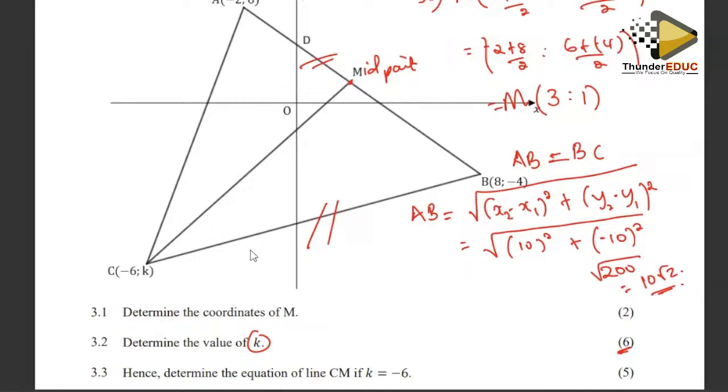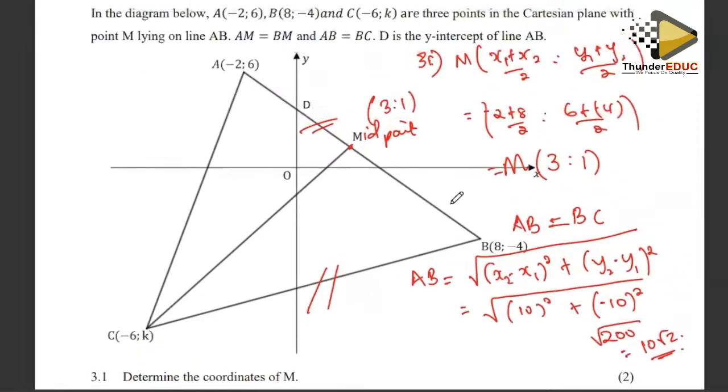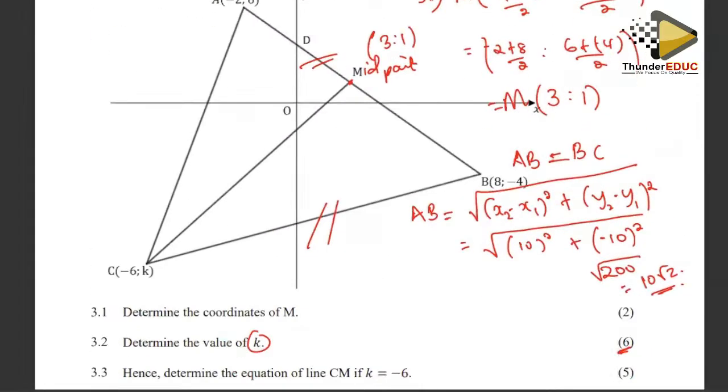Then we're going to equate this to the distance, since we already have our coordinates as 3, 1. So why don't I just write it on this other side?